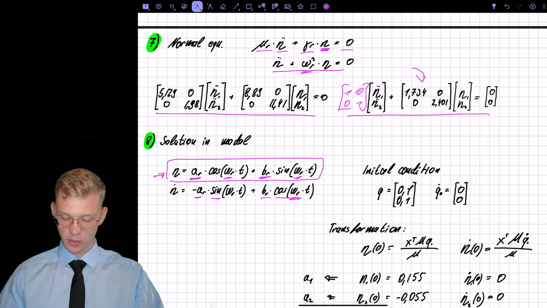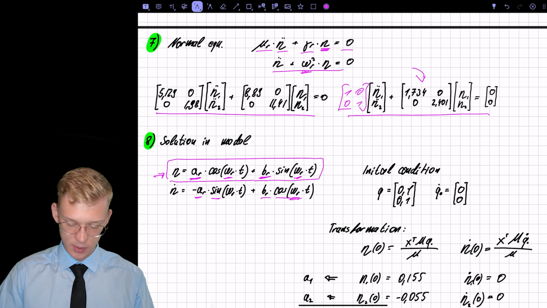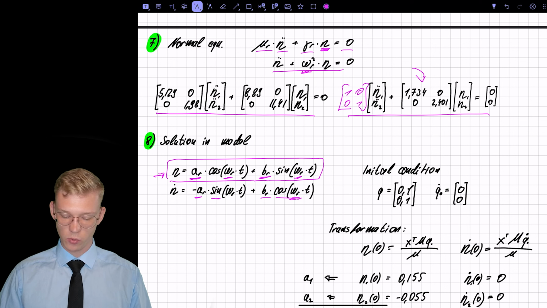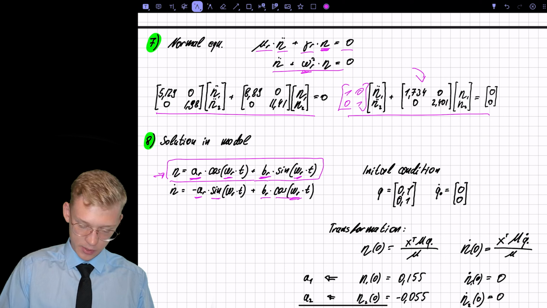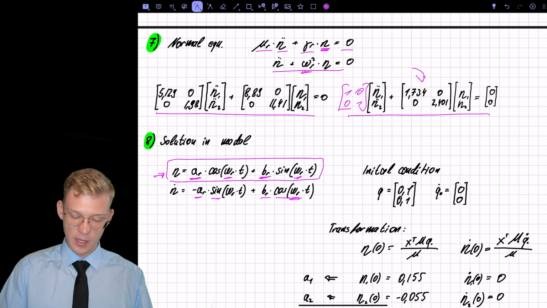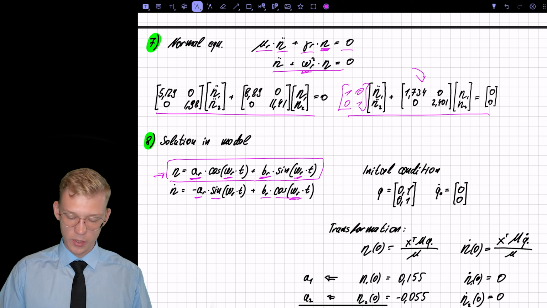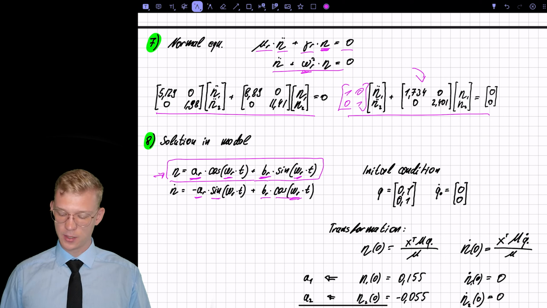Now, if we look at those equations at time equals 0, the sine is gone. So we only are concerned about this part. And because we know that the cosine at time 0 is 1, this is just 1, we already solve for A1 and A2.